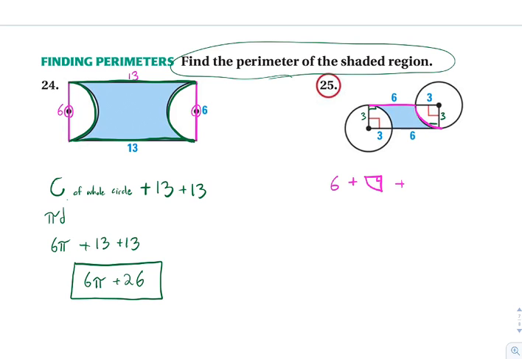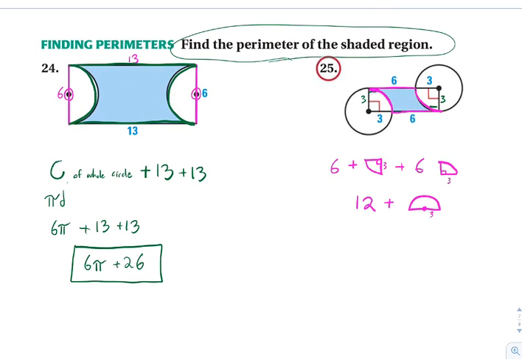And then plus another 6, and then plus another quarter of a circle. And notice these circles both have the same radius of 3 and 3. So of course, if I add up a quarter of a circle plus a quarter of a circle, really I've got a half of a circle. So what I've got is 12, the 6 plus the 6, plus a half of a circle that has radius 3.